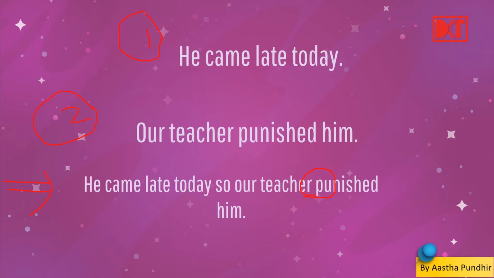Right? So जो यहाँ पे so क्या काम कर रहा है? It is joining these two sentences, and second चीज इन दोनों को join करके जो sentence बना रहा है उसको meaning दे रहा है. क्या? Word so.